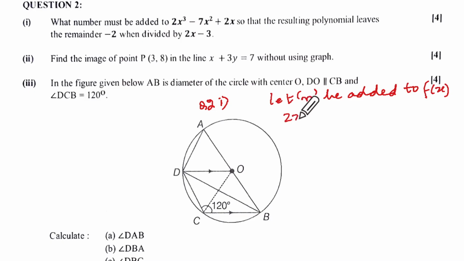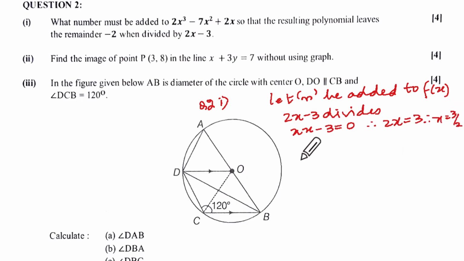So what you'll say? 2x minus 3 divides. Make sure you are writing the statements as I'm giving you. So 2x minus 3 equal to 0. Therefore 2x equal to 3. Therefore x equal to 3 upon 2. Correct? Yes, ma'am.